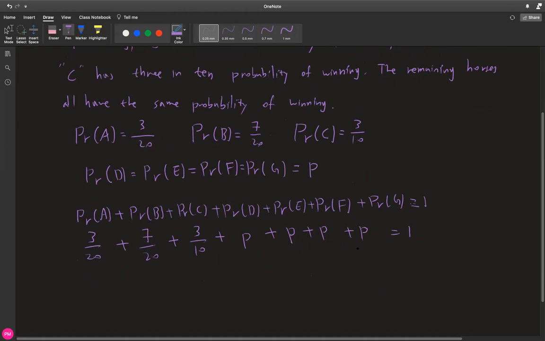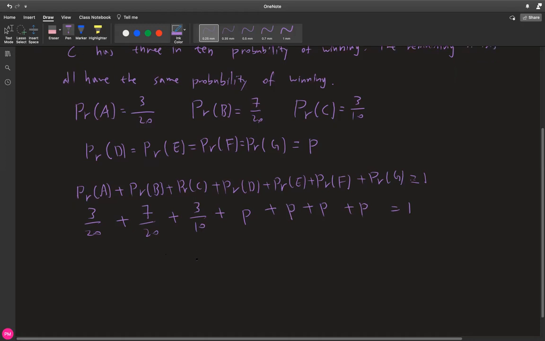So let's now do some calculation. So we know that in order to add the fractions, we need to have a common denominator. And I assume you guys know how to do that already, but just to quickly go over, the first probability is 3 over 20, second is 7 over 20, the third is over 10.